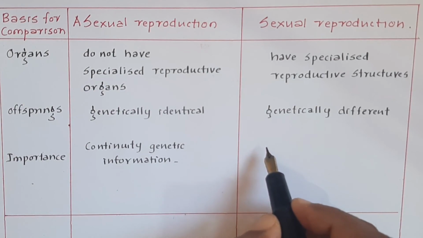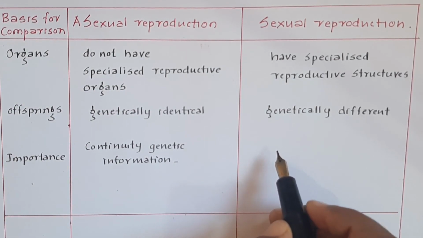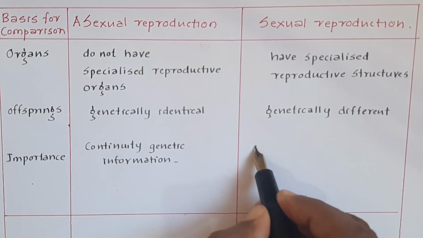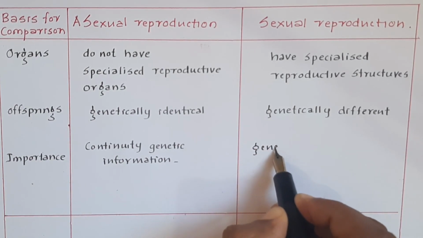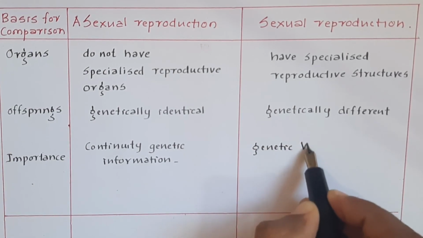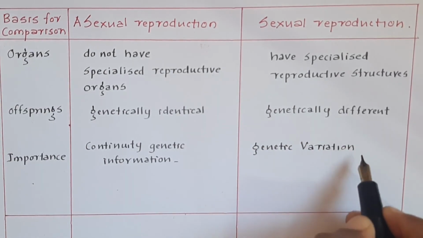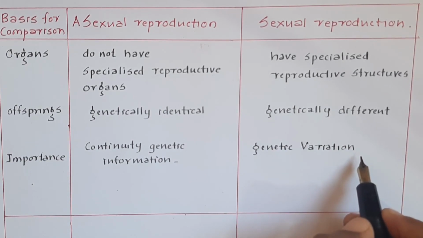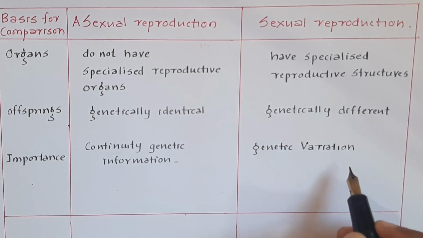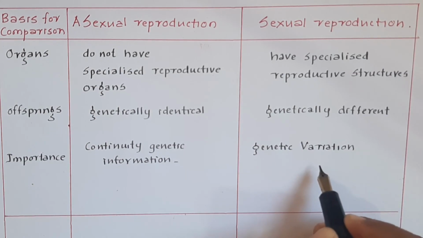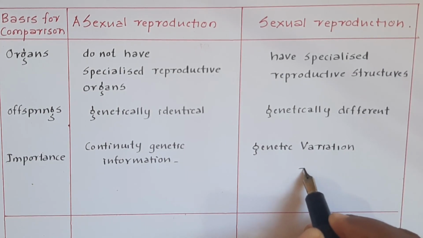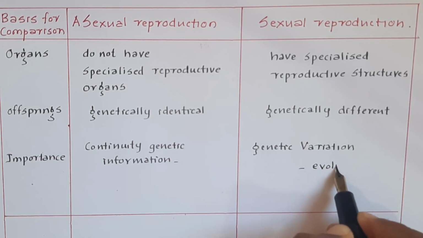Sexual reproduction is important as it brings genetic variation. It brings genetic variation which allows the evolution to proceed. That is, genetic variation leads to an important phenomenon, that is evolution.